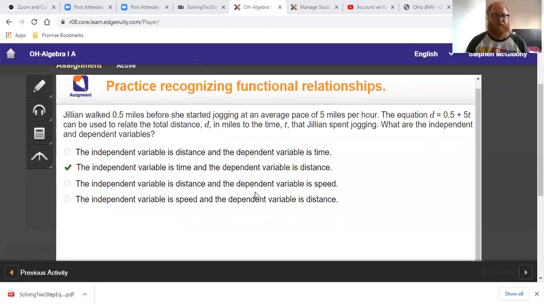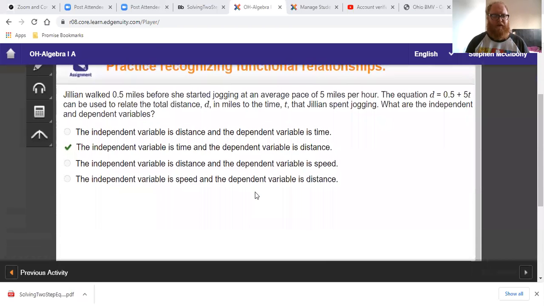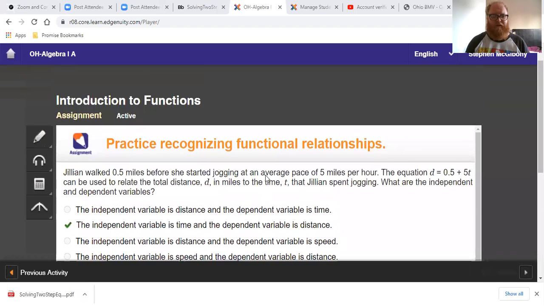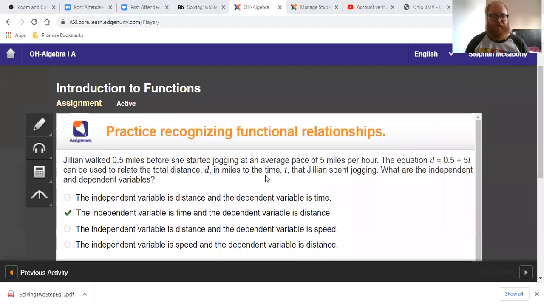All right, now we've got a question about independent and dependent variables. The dependent variable is probably the easier one to figure out. The dependent variable here is going to be distance, because distance depends on the time that Jillian went jogging.